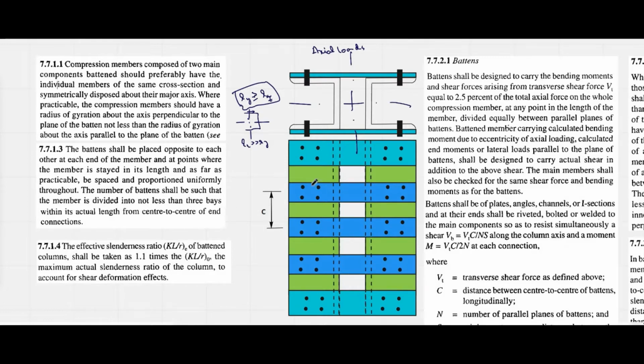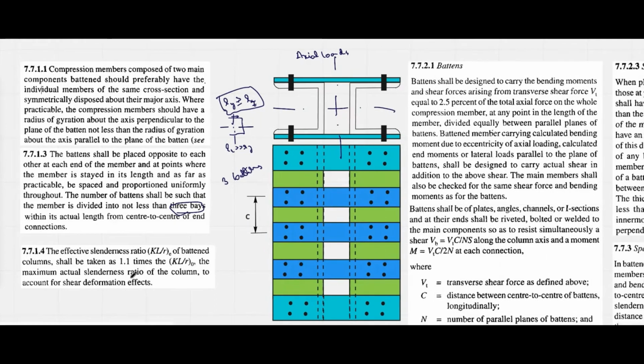So these battens should be placed at equal distance throughout the length, and there should be at least 3 battens. In a design, we need to provide at least 3 battens.